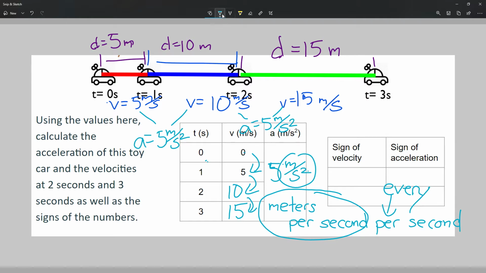And so you kind of see how it branches out now, right? So we go from D to V to A, right? It keeps going down. V is how much D changes. A is how much V changes every second. So this is kind of how it goes.